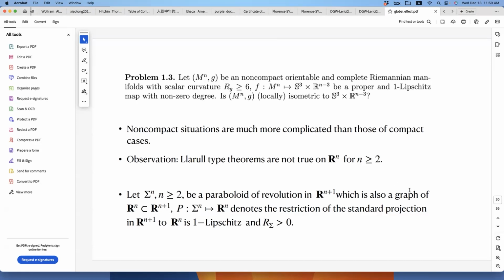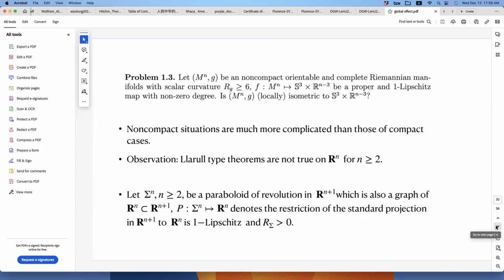And let P be the standard projection to R^n. It is easy to see that this projection is 1-Lipschitz and proper, while the scalar curvature of the paraboloid of revolution is positive. So the Llarull type theorem is not true in this case.